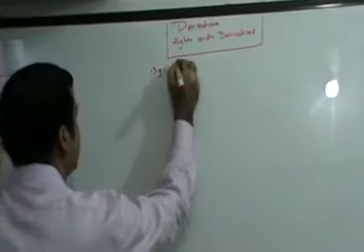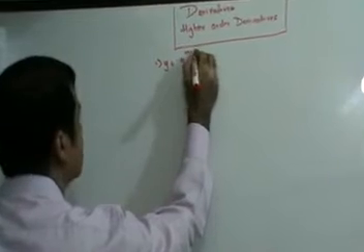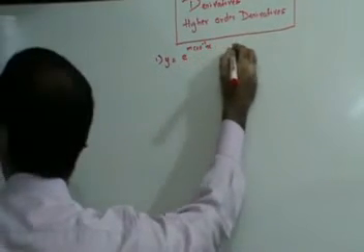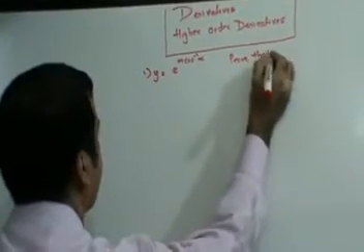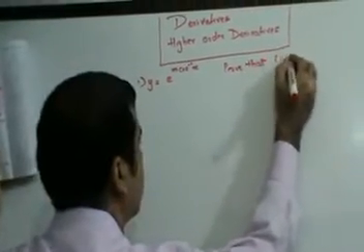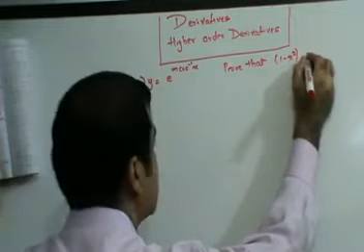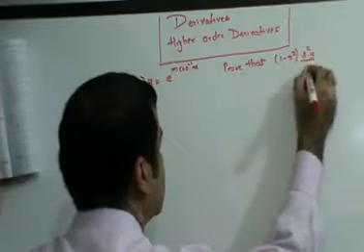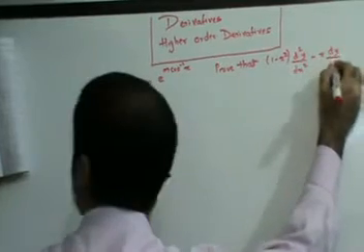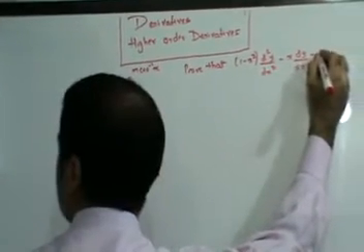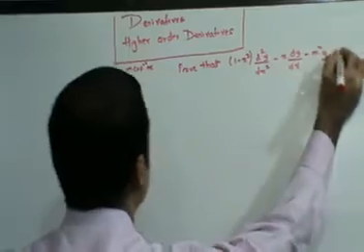Y is equal to e raised to m cos inverse of x. You have to prove that 1 minus x square d square y by dx square minus x dy by dx minus m square y is 0.